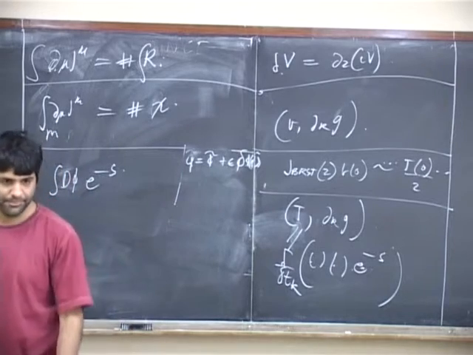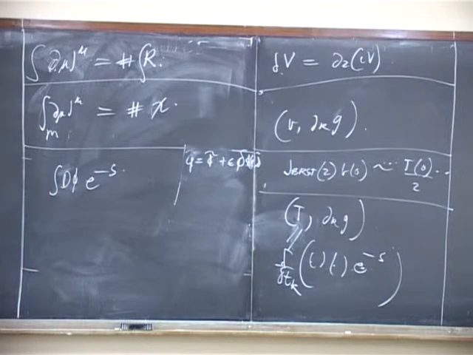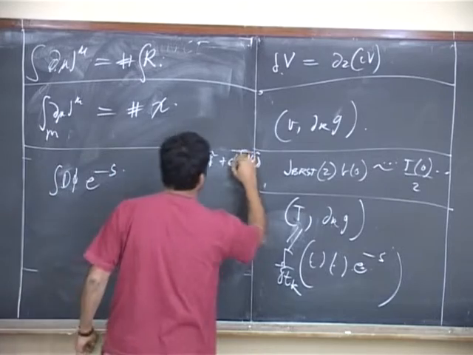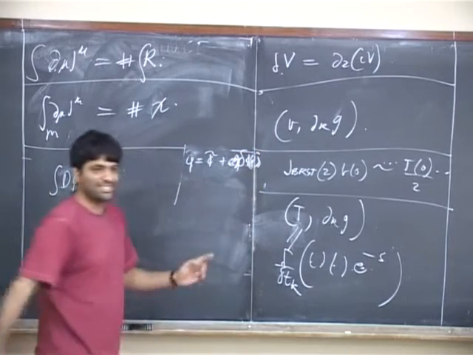Then we made this epsilon a function of x, of the worldsheet coordinate sigma.